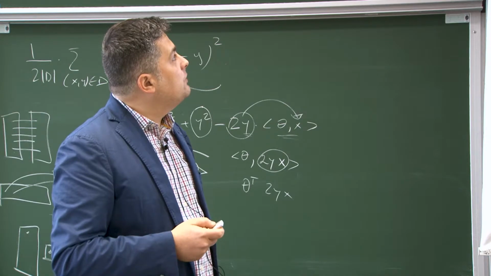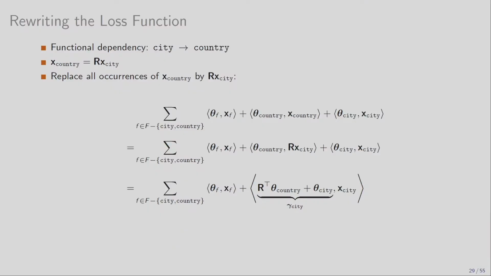So, how can we proceed? We do 2 things. If you look at our objective function, we have 2 components. One is the square loss, the other one is the L2 regularizer. And we would like to rewrite them in a way so that we somehow throw away the parameter country and features related to country.